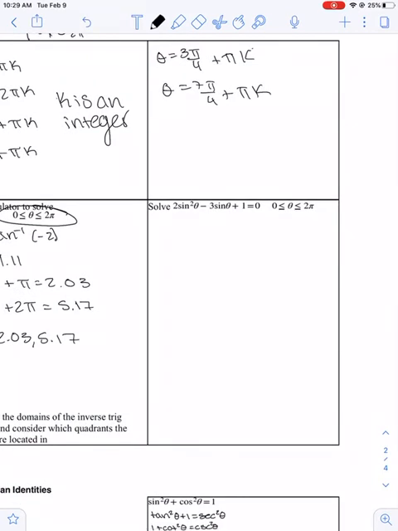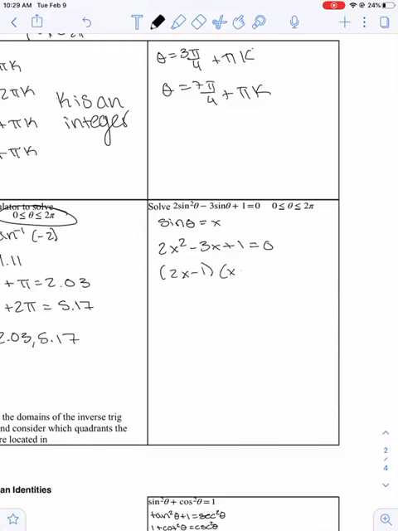Okay. Next we have solve for 2 sine squared theta minus 3 sine theta plus 1 equals 0. And we're going to do this like a quadratic. You can replace sine with x. So we can say sine theta equals x. And we can do 2x squared minus 3x plus 1 equals 0.